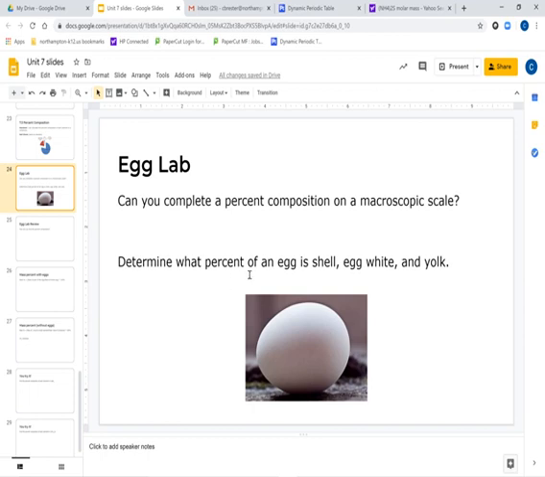But the method behind how you figure this out is very much reflective of how you will do it on the microscopic scale. So I figure if you can understand how to do it with something you can hold, then you can understand how to do it with something that is much too tiny for us to really even think about.